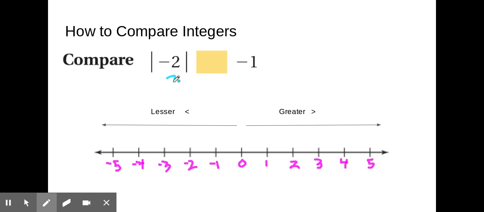So this question is really asking me to compare 2 and -1. I'm going to find them on my number line. I see 2 right here, so I'm going to mark it. There's 2. And I see -1 right over here, and I'm going to mark it.